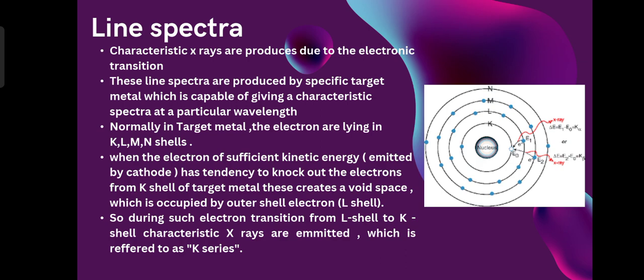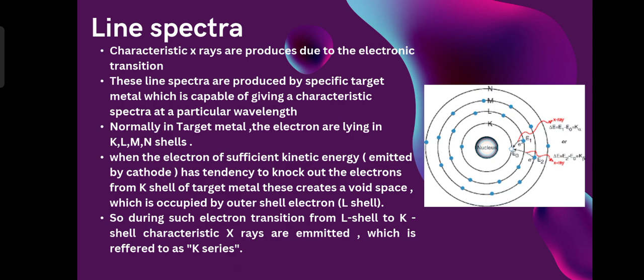Now this void space will be occupied by electrons from the outer orbitals. So the L shell will donate, or the M shell will donate, its electron towards the K shell, and this transfer of electrons results in the generation of radiations called X-ray radiations.